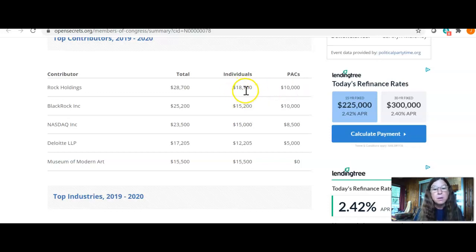But individual members at that particular company also donated another $18,700. And so the Political Action Committee is what is connected to the contributor, Rock Holdings, but individual members at that corporation also made donations. So make sure that you're really clear about what it is that you're giving me for information. The assignment is asking you to give PAC information.